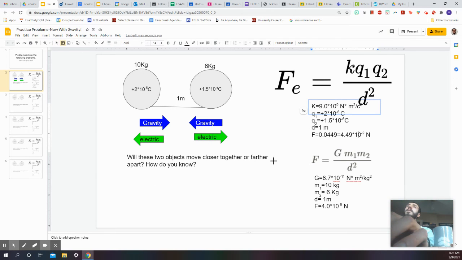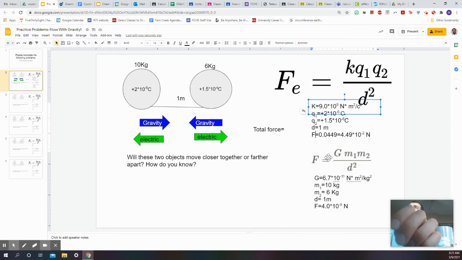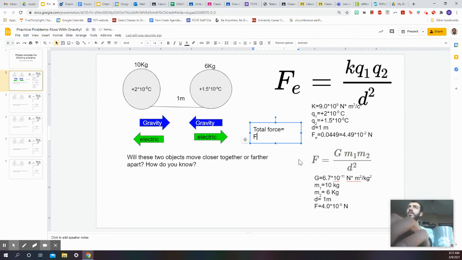All right. So I'm going to put another text box in here. I'm going to get our total force. To get our total force, we need to subtract our numbers. If I give you a little hint here, if you take this force electric, and subtract it from the gravitational force, you are always going to get the correct amount of total force.